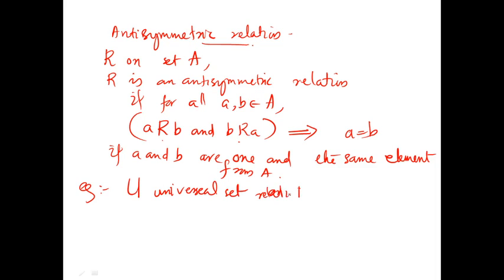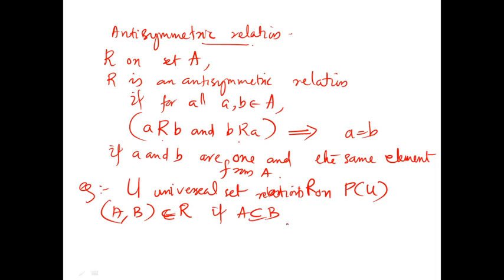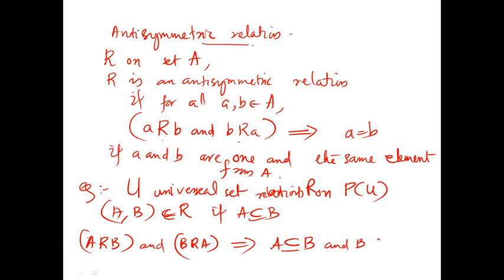I am defining a relation R on P(U), the set of subsets, and two sets A, B are an element of R, or A related to B, if and only if A is a subset of B, or A is included in B. So as we all know, A related to B and B related to A together implies, according to this relation, A includes B and B includes A. On what condition is this possible? If and only if set A is equal to set B.